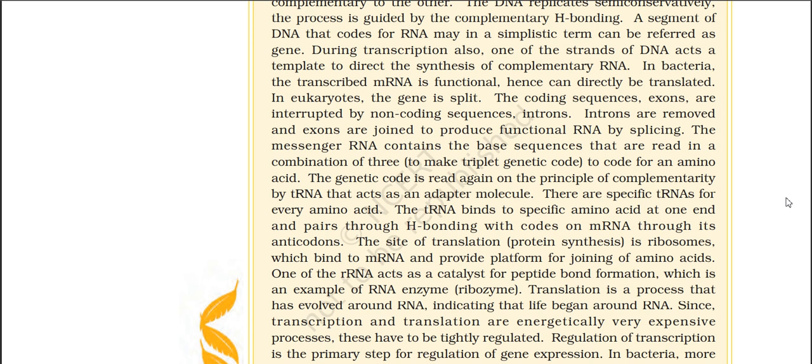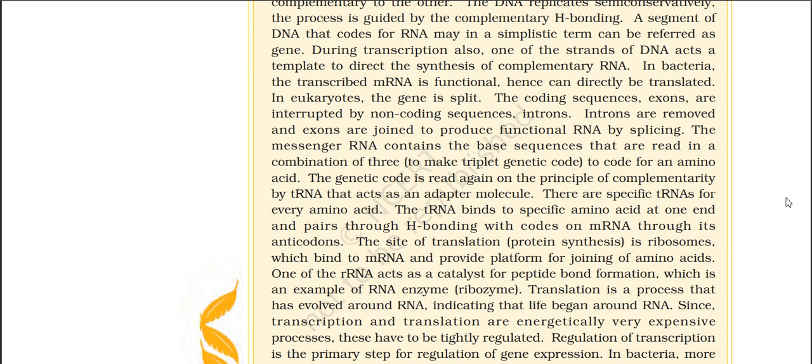The messenger RNA contains base sequences that are read in combinations of 3 to make the triplet genetic code to code for an amino acid. The genetic code is read, again on the principle of complementarity, by tRNA that acts as an adapter molecule. There are specific tRNAs for every amino acid. The tRNA binds to a specific amino acid at one end and pairs through H bonding with codons on mRNA through its anticodons.